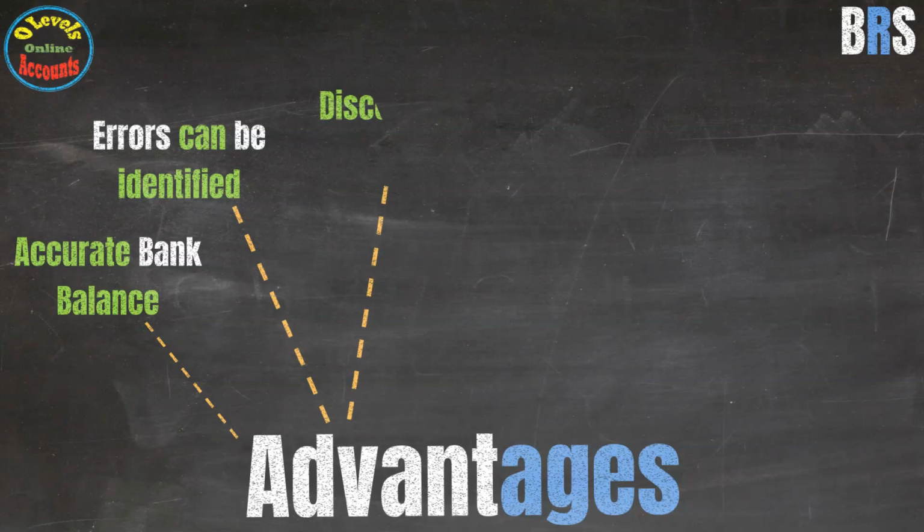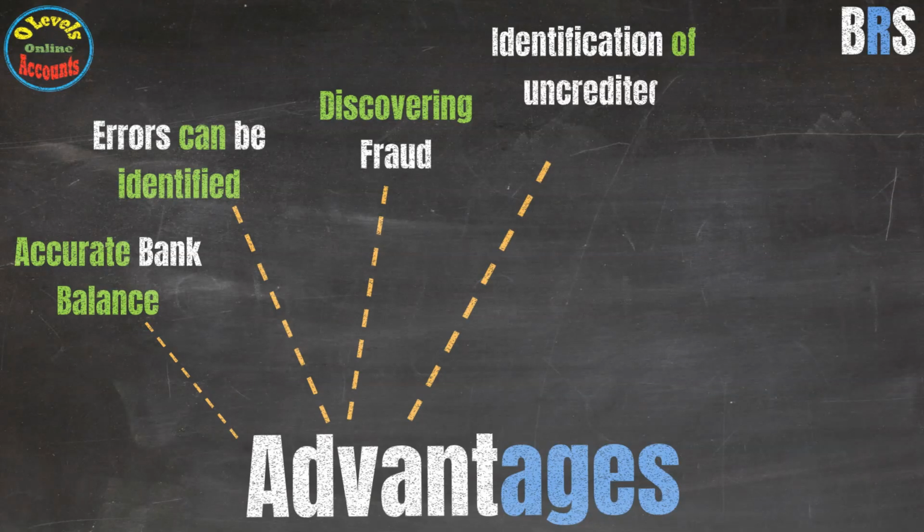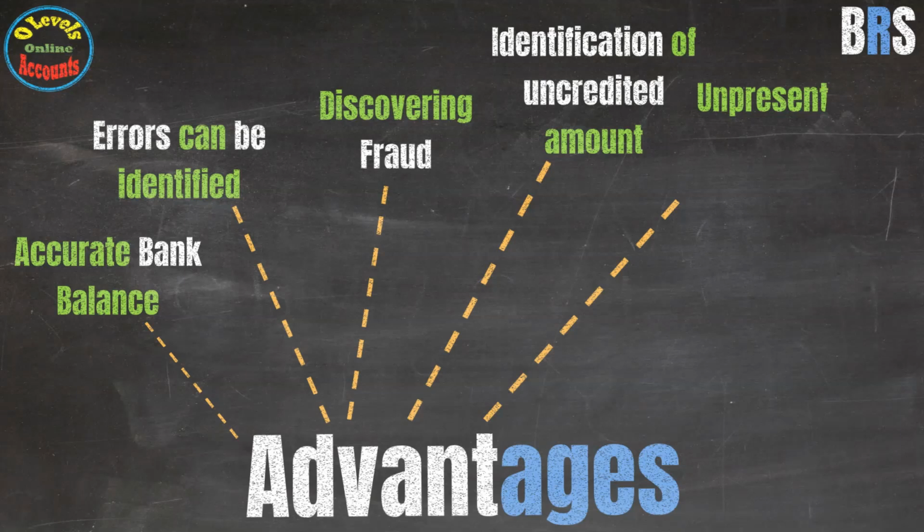The third advantage of the BRS is discovering fraud. It assists in discovering fraud and embezzlement for the business, and it will take the appropriate measures against them. The fourth advantage of the BRS is the identification of uncredited amounts. Amounts not credited by the bank can be identified, and the business will correct them in the cash book accordingly. The fifth advantage belongs to unpresented checks.